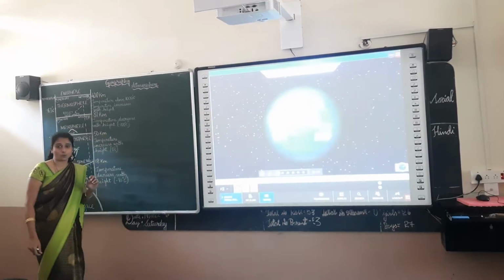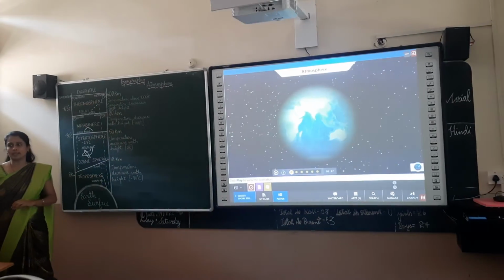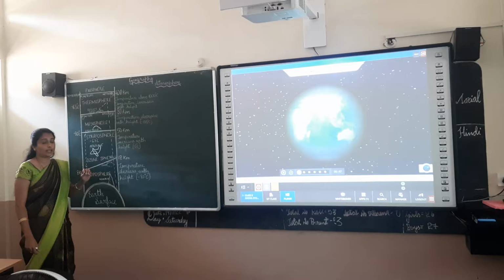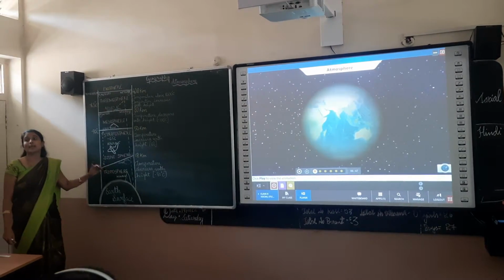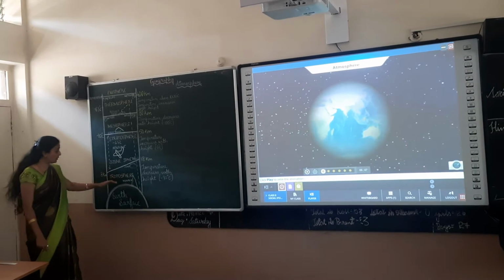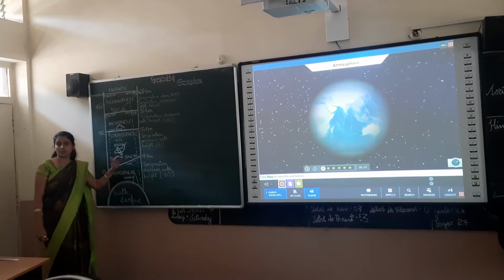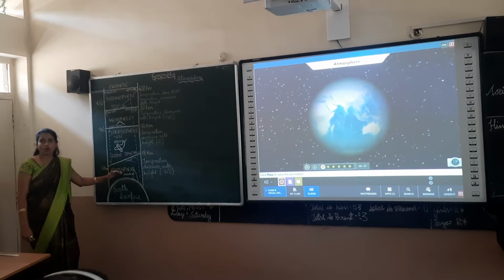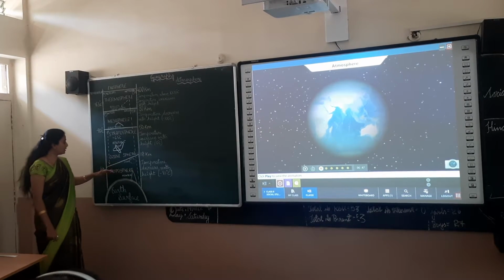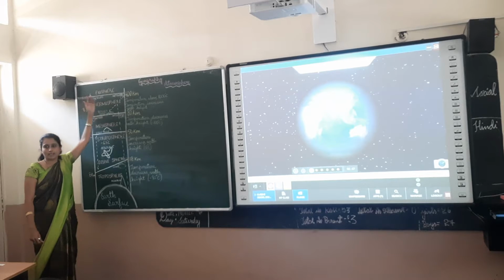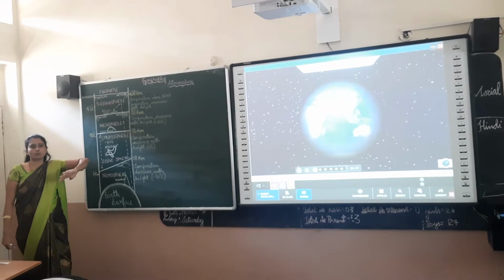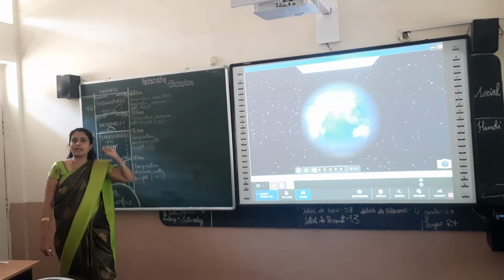See, this atmosphere has several layers. These layers were divided based on their extent, especially from the upper limit of the surface of the Earth. Mainly, this atmosphere consists of around 5 layers.